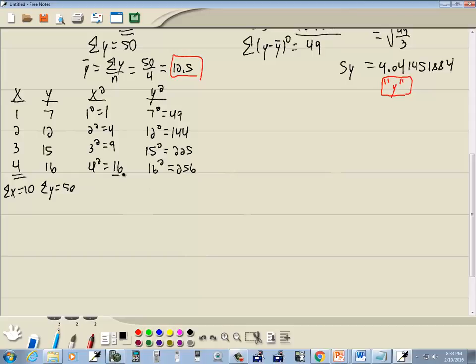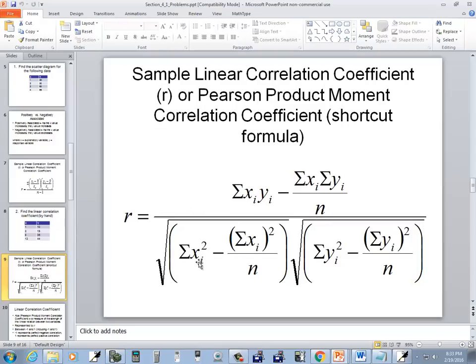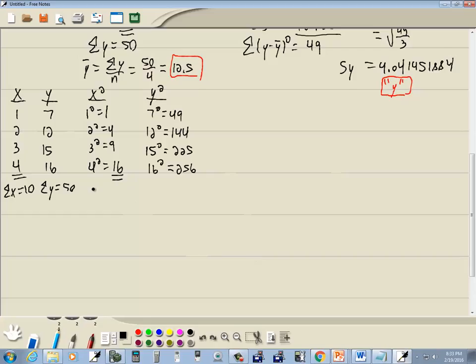Okay, now we need to add these together, because from our formula, we need the sum of the x squared and the sum of the y squared. So this right here, and I apologize for how scrunched together this is. Add this together. 16 plus 4 is 20, 29, 30.